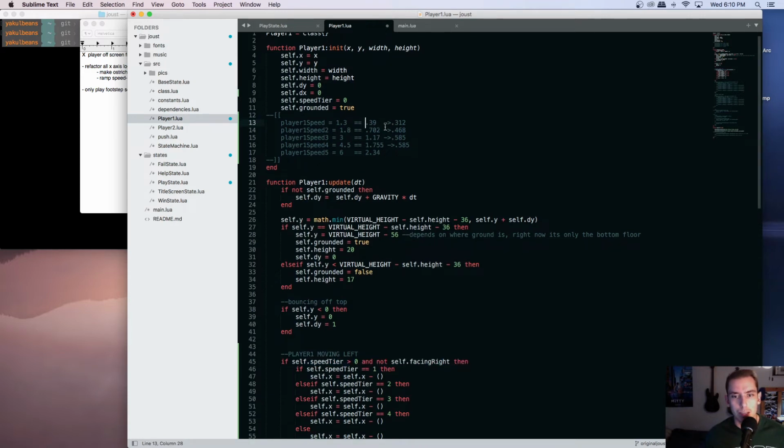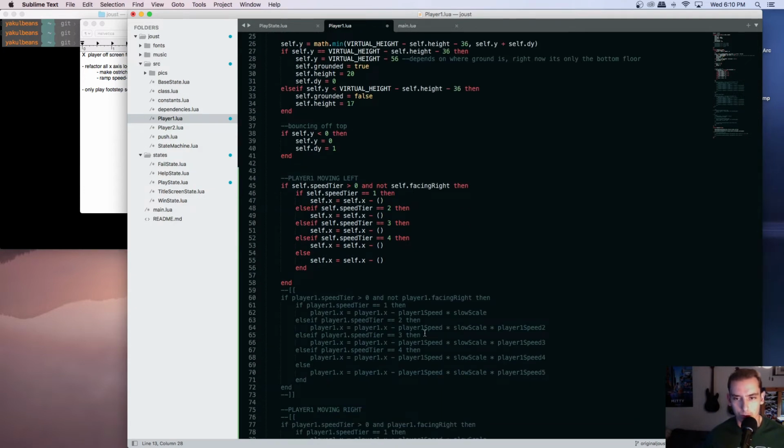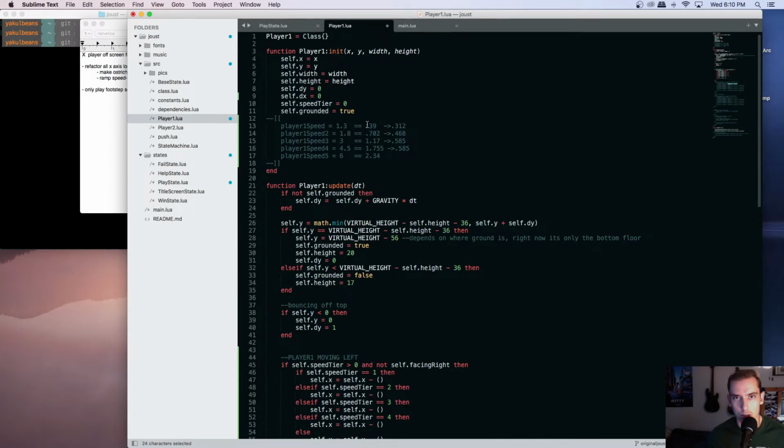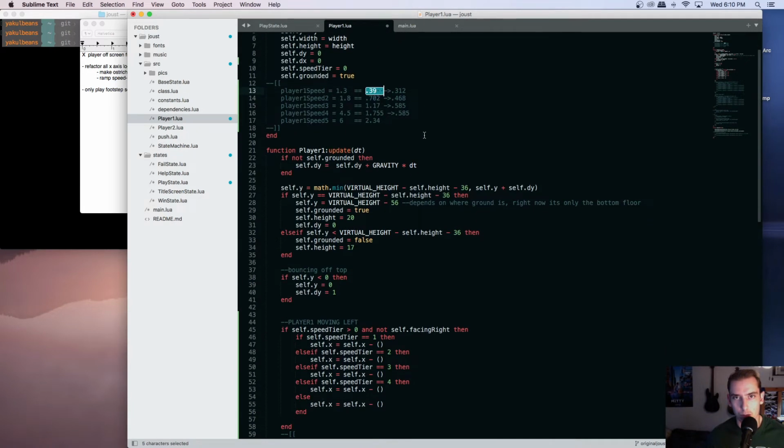So I guess in the original code, I took its current x, shifted it by whatever the speed times the slow scale was, which is this number. So I should be okay to just plug these numbers in.